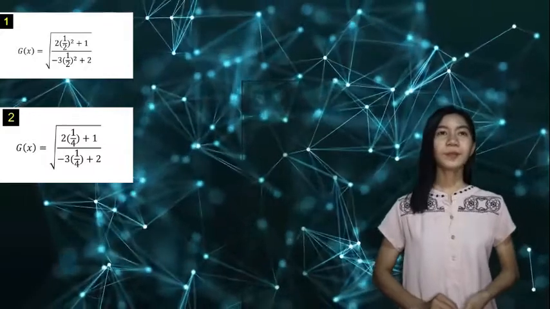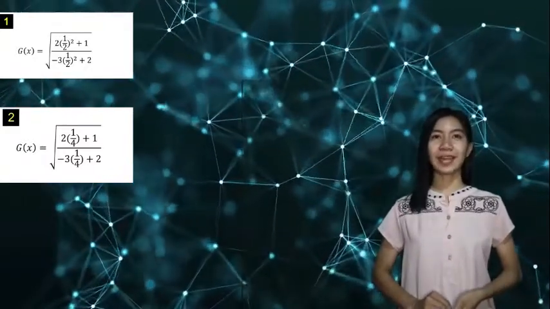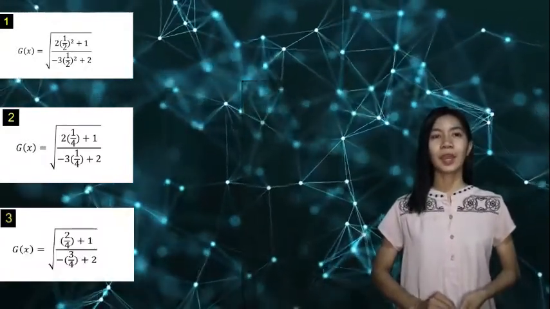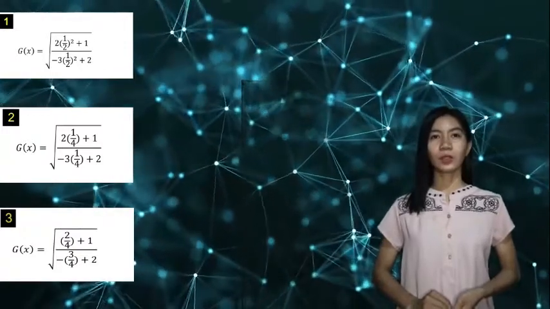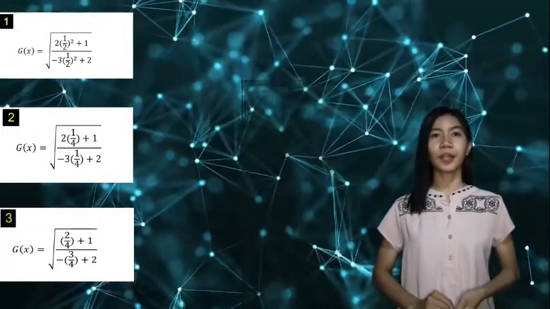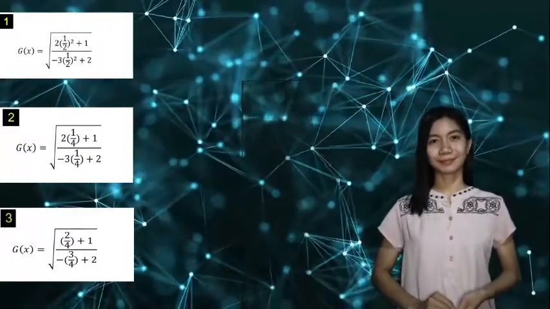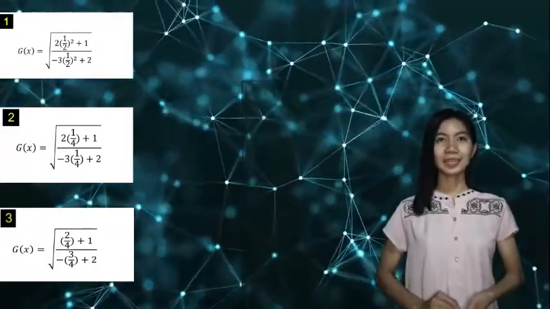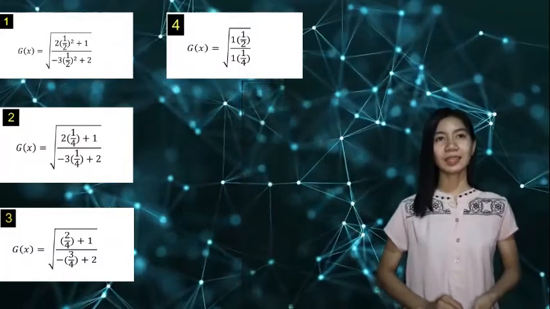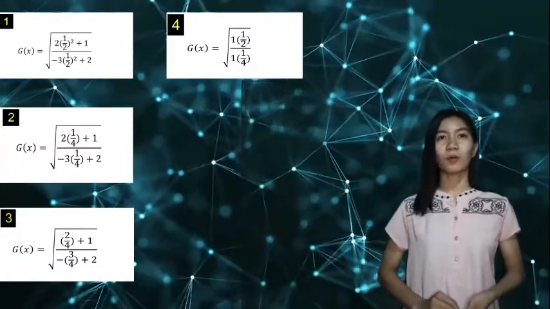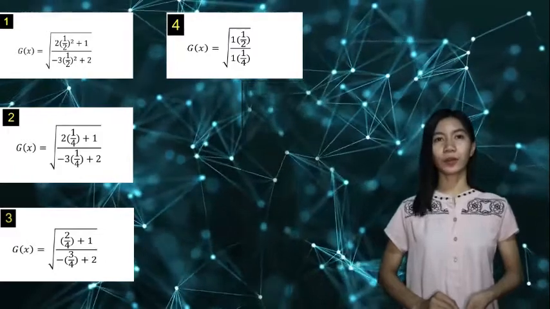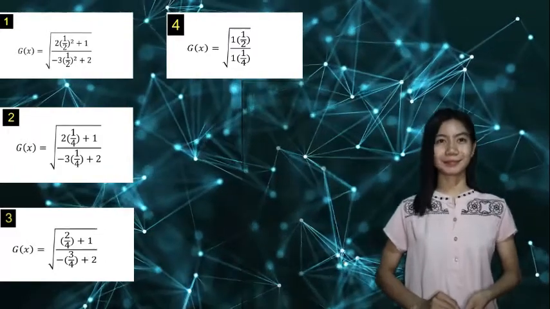Step 3. We will make the equation simpler by simplifying the function. We will have g of x equal to the square root of (2 over 4 plus 1) over (negative 3 over 4 plus 2). And the resulting answer of the last equation is g of x equal to the square root of (1 multiplied by 1/2) over (1 multiplied by 1/4).